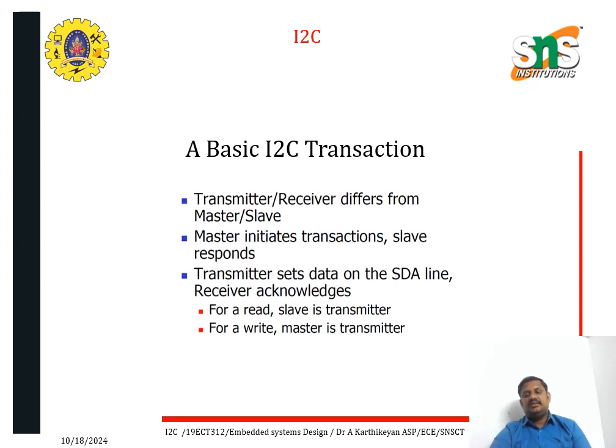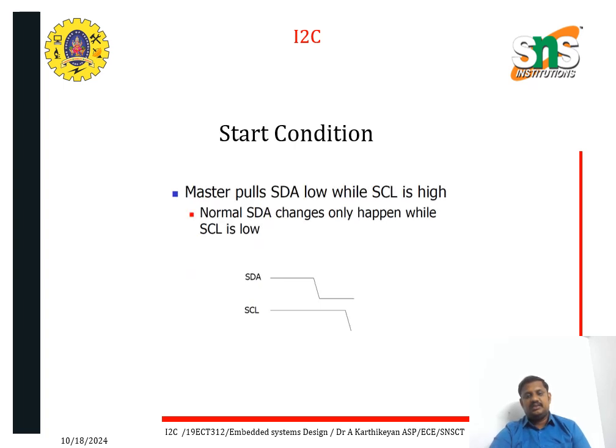Next are the conditions for master and slave. The start condition is driven by the master on SDA while SCL is high, and the SDA and SCL lines go low and high. For reading and writing we use low and high.